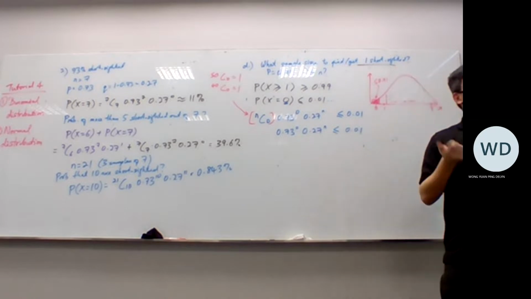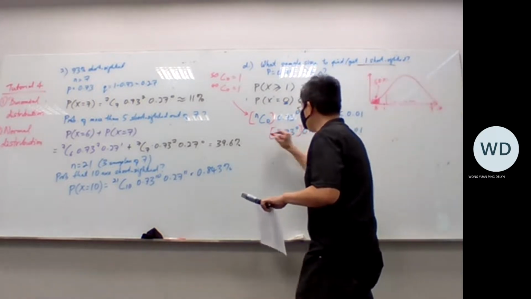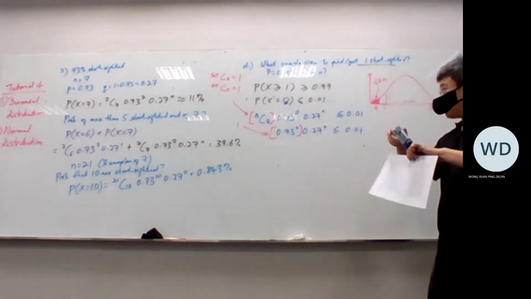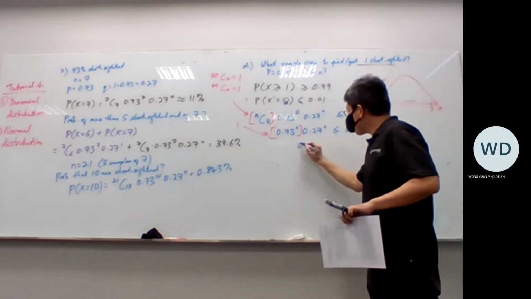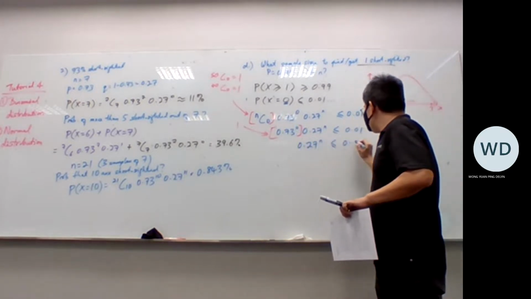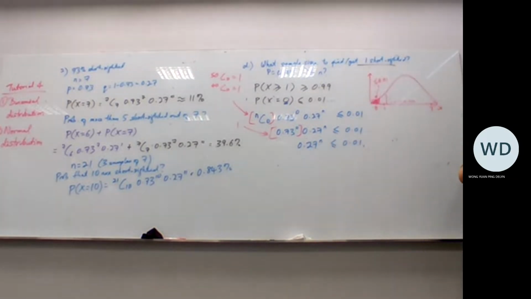What is something to the power of 0? Also 1. So you have 2 of them that are 1 already, which means all you have to care about is this part. Now, how do you bring the power down?